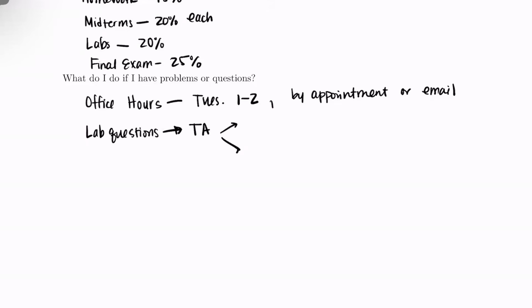Our section TA is Ange, and I'll have her email on the syllabus, and I'll also put it on Moodle so you have easy access to it. And then Iju is the other section TA, but they both should be able to help you with lab stuff. So we kind of co-opt the lab with the other section. Okay.